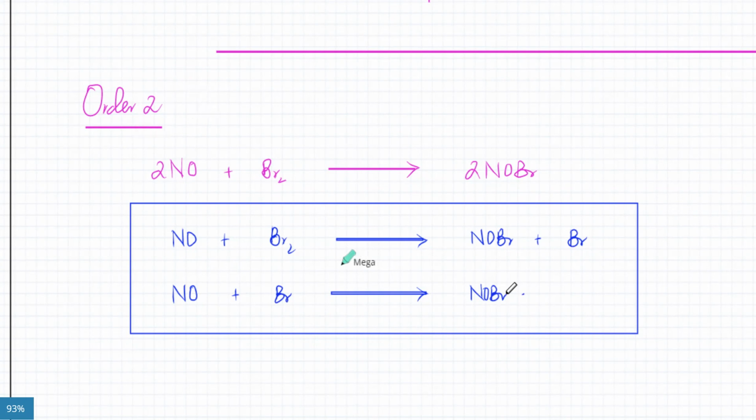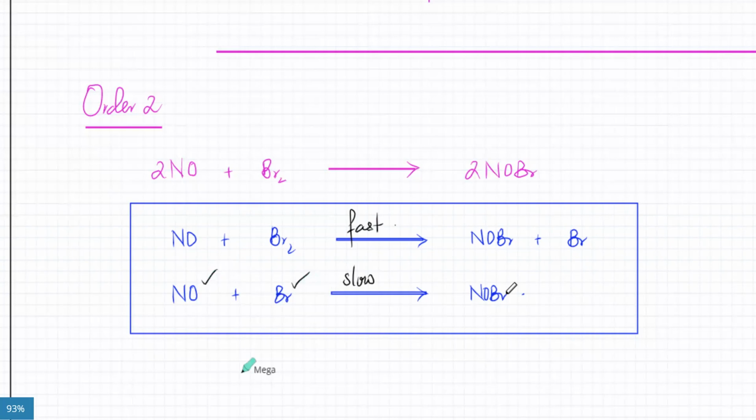Let's assume that the second one is the slow step and the first one is the fast step. What did I tell you? The rate of the reaction is not dependent on anything in the fast step. It's dependent on the reactants involved in the slow step.